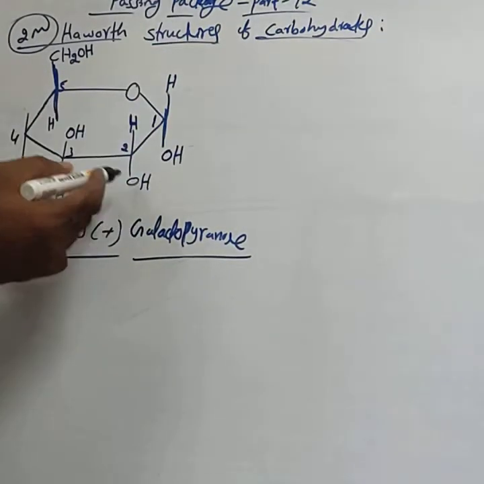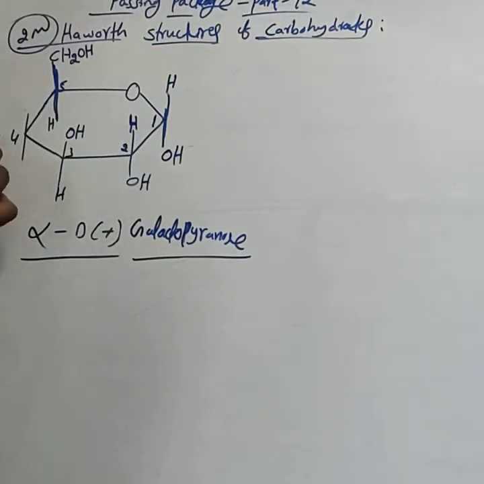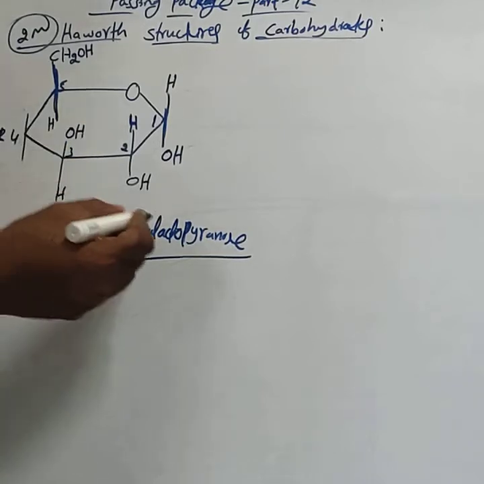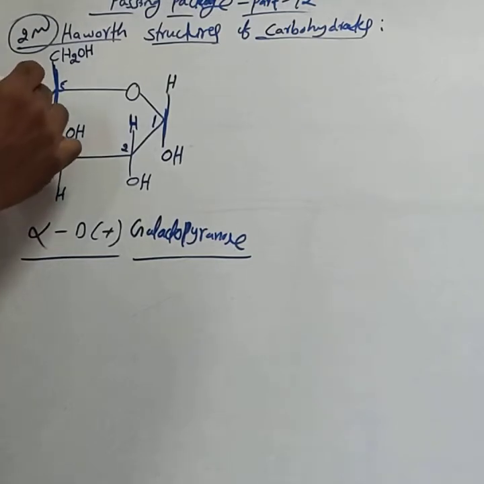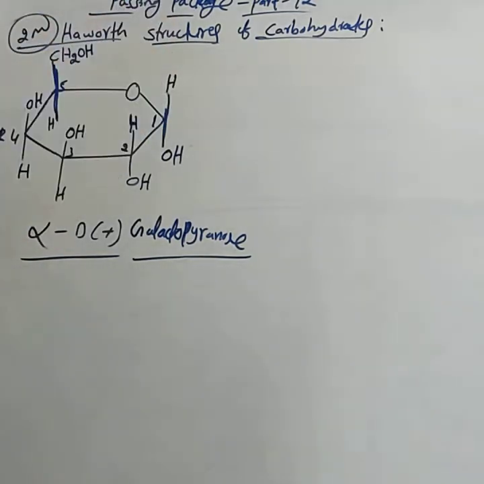Second position remains the same. Third position remains the same. On the fourth corner only, for glucose you have H above, OH below. To write galactose, you interchange: H below, OH above. The remaining corners remain the same. This is the alpha D plus galactopyranose.